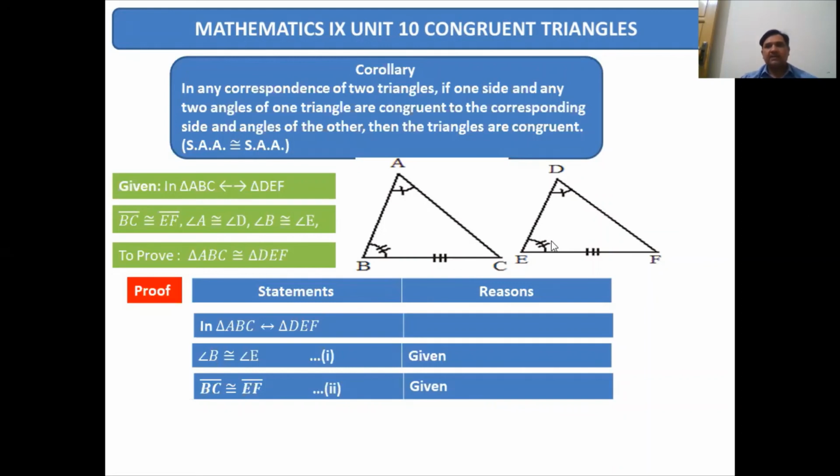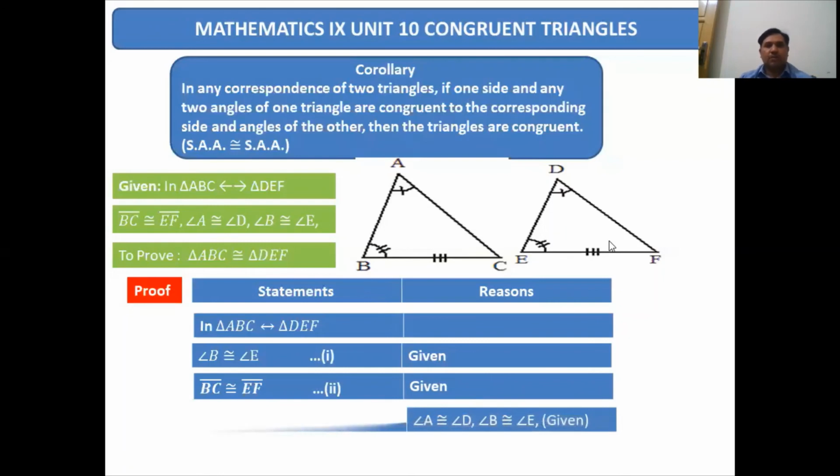So the remaining angle must be 70 degrees. In this triangle angle C is 70 degrees, and in the other triangle angle F will also be 70 degrees. So if two angles of a triangle are congruent, then the third angle will also be congruent.